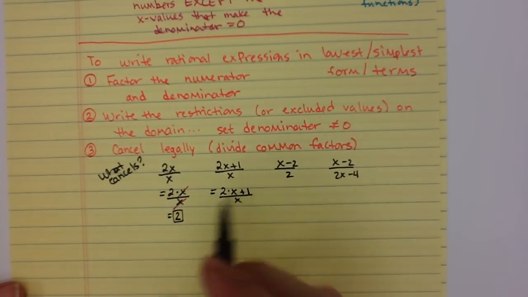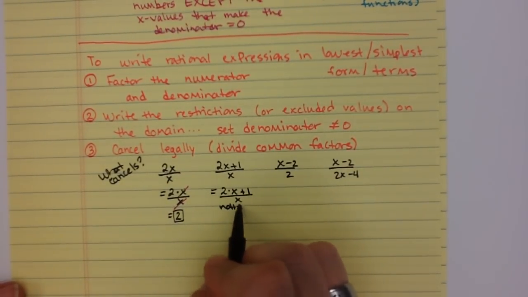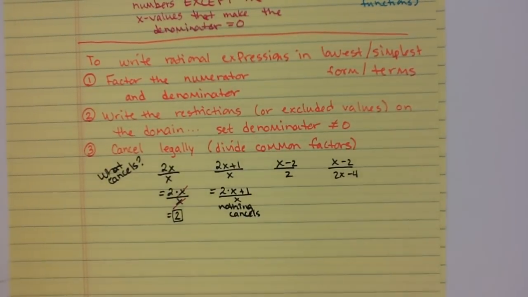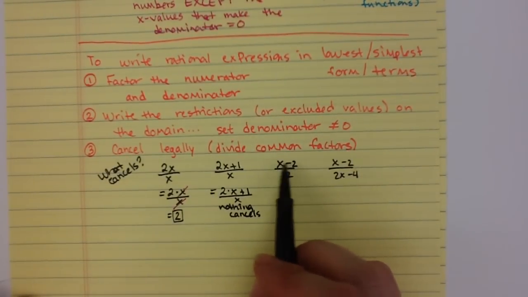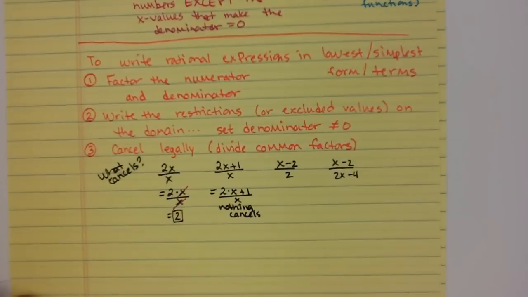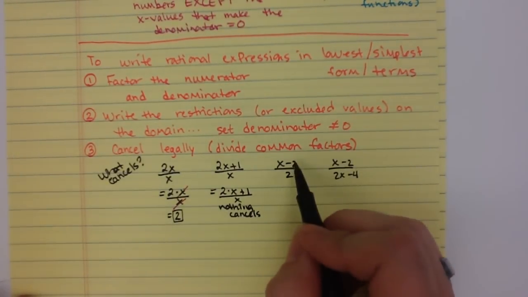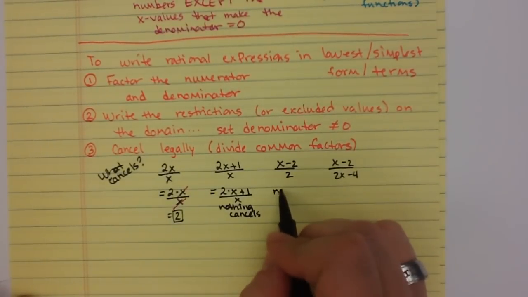So nothing cancels. Next, x minus 2 over 2. Again, subtraction is also like super glue, like addition. That x and that minus 2 cannot be separated. So I cannot cancel the 2 and the 2. In this one, nothing cancels.